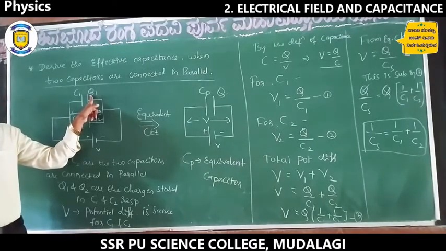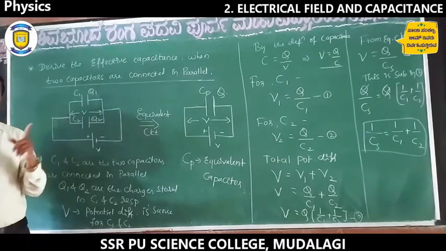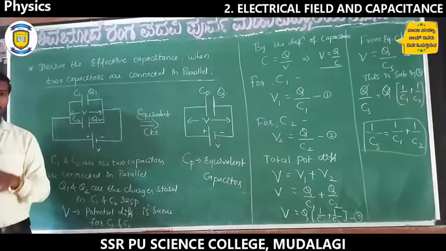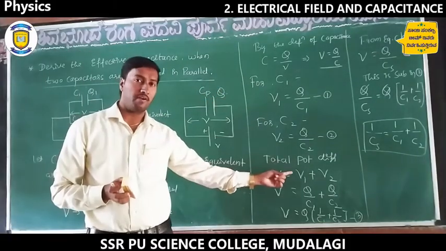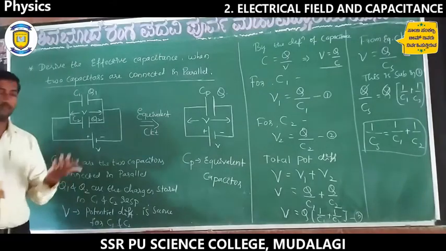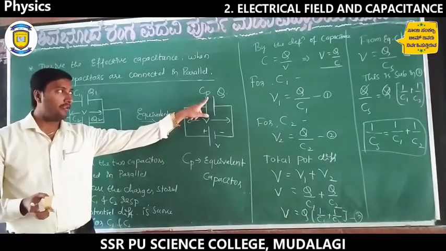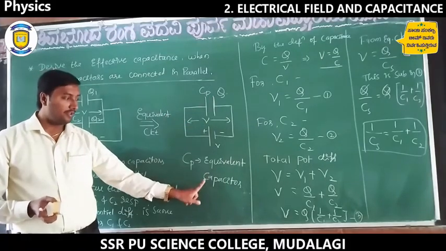Next, the charge is different. The important point is that the charge is different, that is Q1 and Q2, the charges stored in the capacitors C1 and C2. Here the potential difference is the same. In the previous case the potential difference was different and the charge was the same. Here the charge is different and the potential difference is the same. The equivalent circuit comes in the same way, but you have to replace the word with CP, so this is the equivalent capacitor.